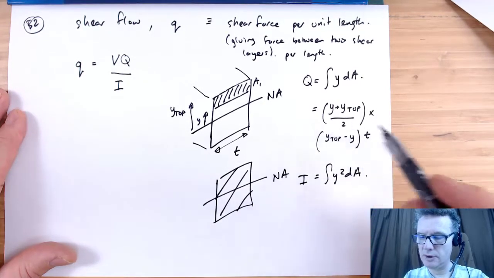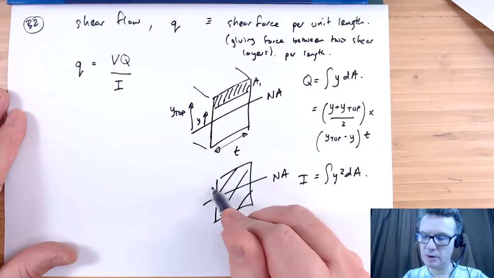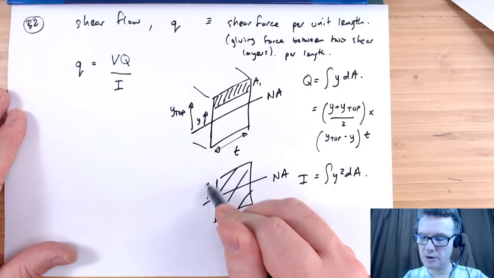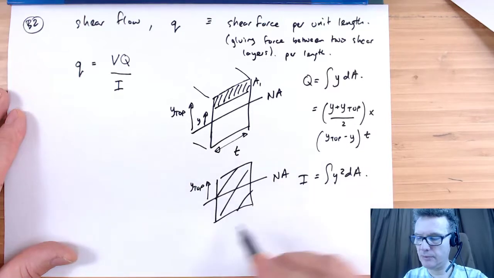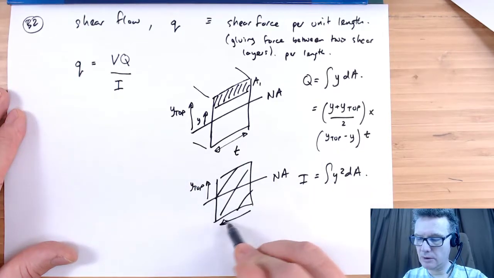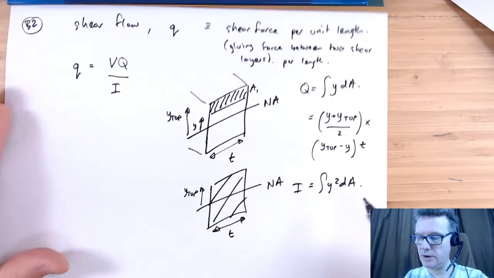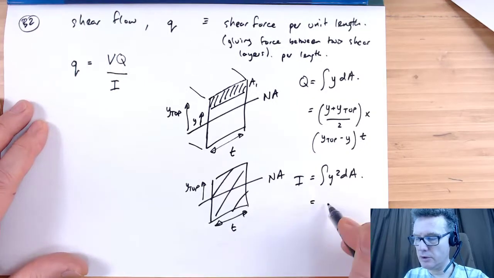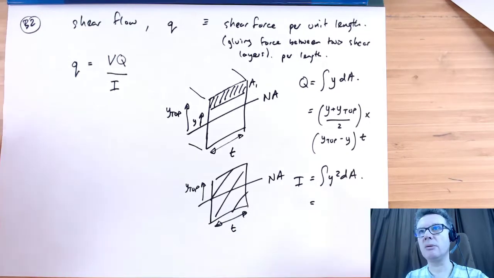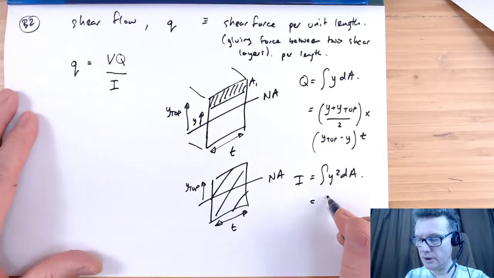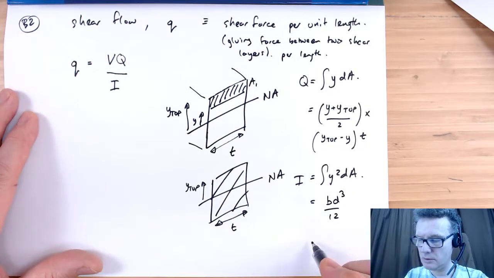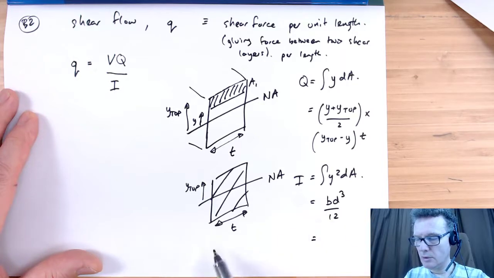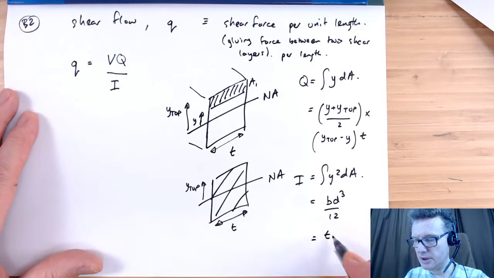So for this square beam, y top we get from there, t is the width, so we look up our formula for I, which is b d cubed over 12. What's the breadth? That's t.